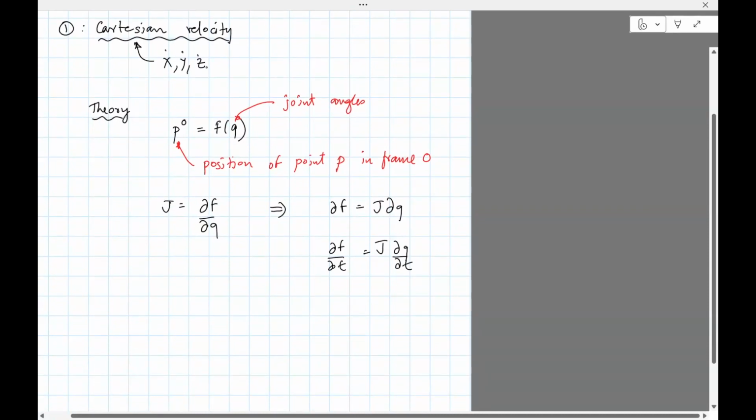Since I'm taking the derivative with respect to time, and time really doesn't appear in f, f is going to be a function of positions. This partial derivative is in fact the complete derivative.